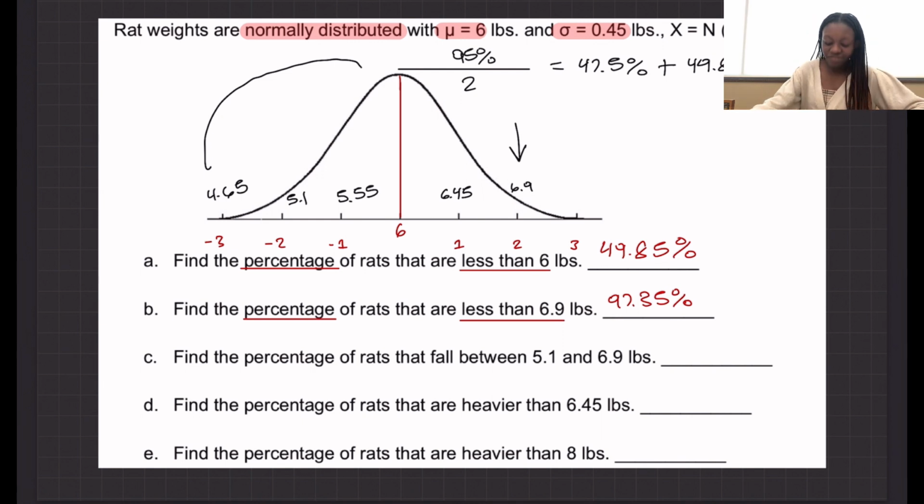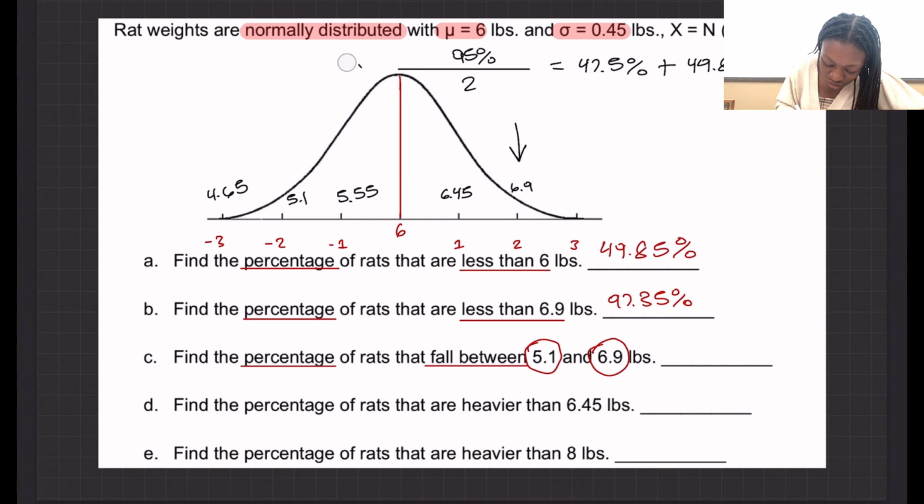All right, find the percentage of rats that fall between, these are another type of question you might get, a fall between question, 5.1 and 6.9. Okay, so we are looking at numbers that fall between the -2 and the 2 standard deviation. So that's 5.1 and 6.9.